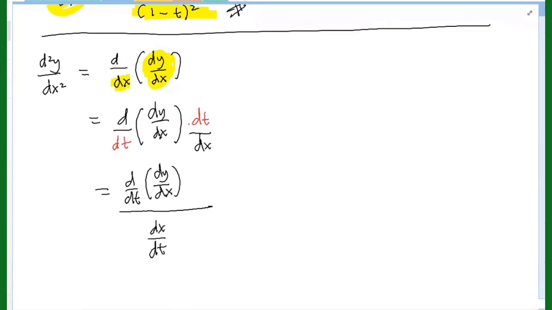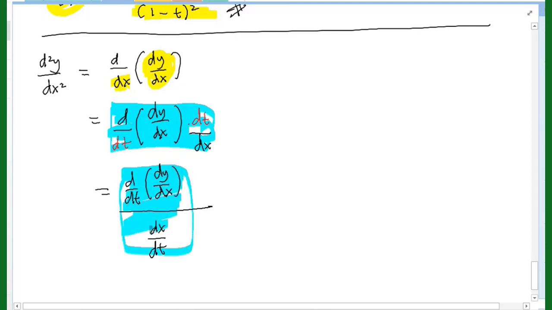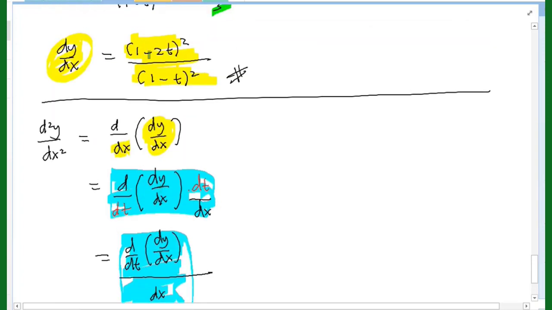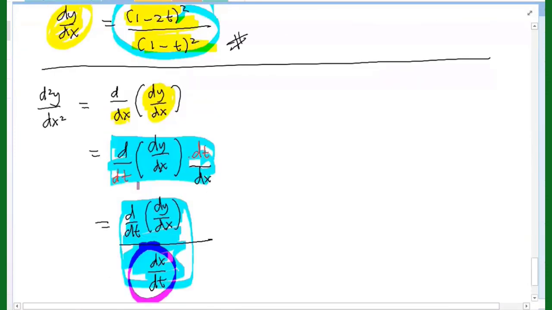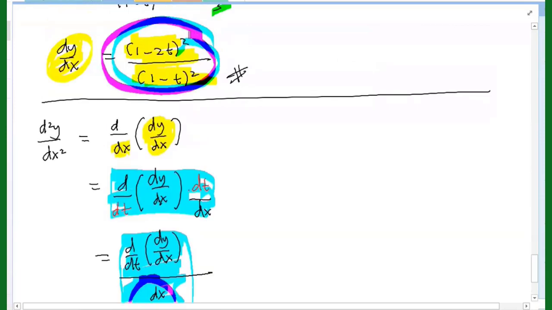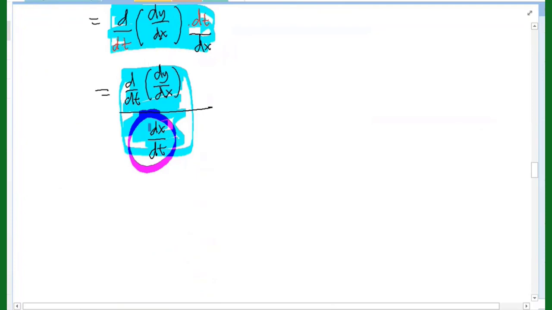Now it's up to you to remember this formula. But you need to remember that the answer from dy dx, differentiate again and divide by dx dt. Some students just differentiate this one and are done, but we are not done because we must divide by dx over dt.